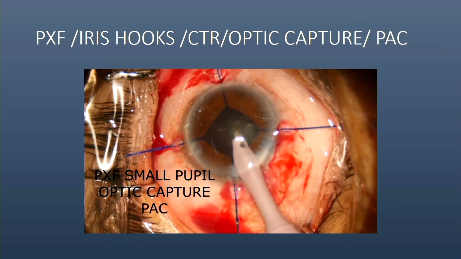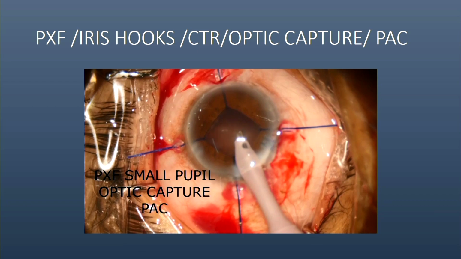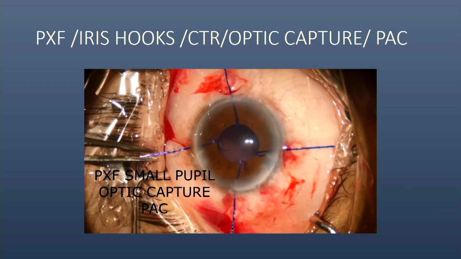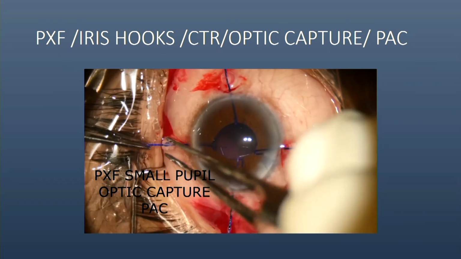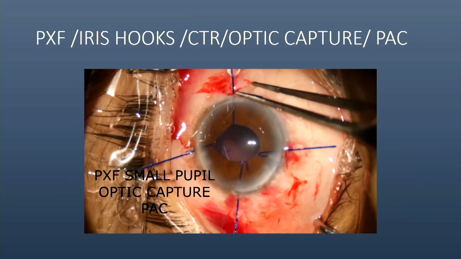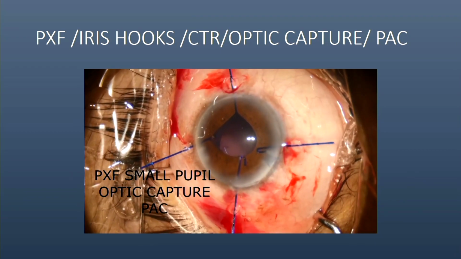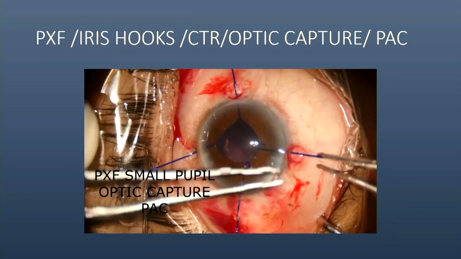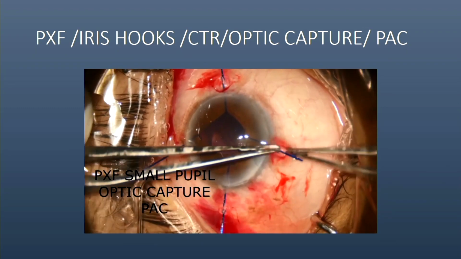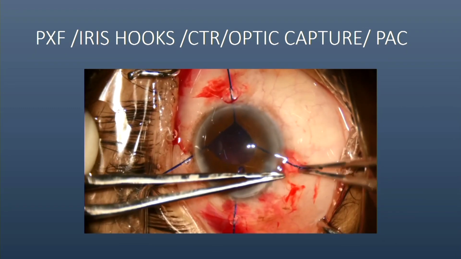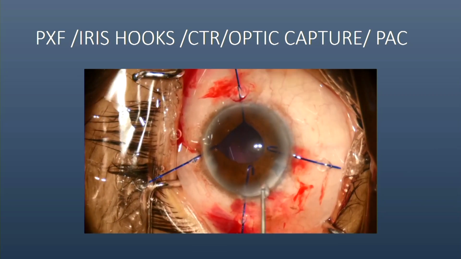I have used the iris hooks to get the capsule also supported along with the pupil. And once the emulsification is over, I release the iris hooks, and then hook back only the iris. And then I go in and implant a 3-piece lens. I use the Sensar, I have no commercial interest.